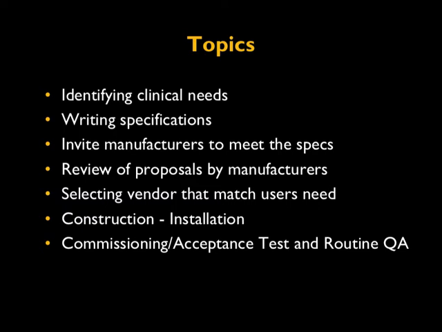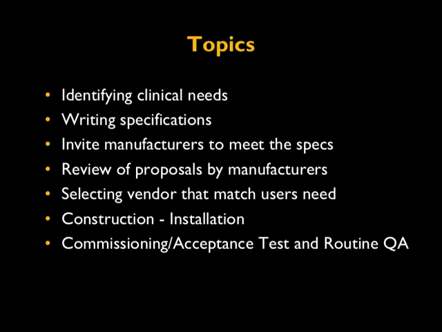So the topic of discussion today is to see what the process involved in a proper selection of equipment is. The process is to identify the clinical needs, followed by writing the specification, inviting the manufacturers to meet the specifications, reviewing proposals by manufacturers, and selecting the vendor that matches the user's need.